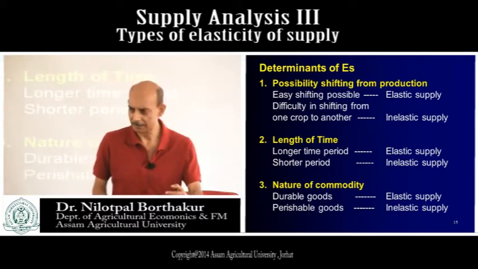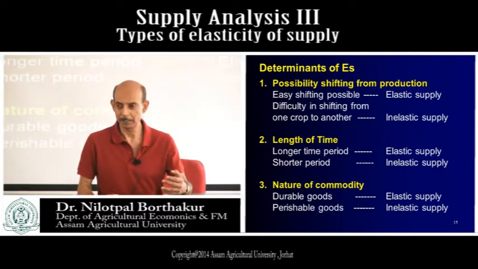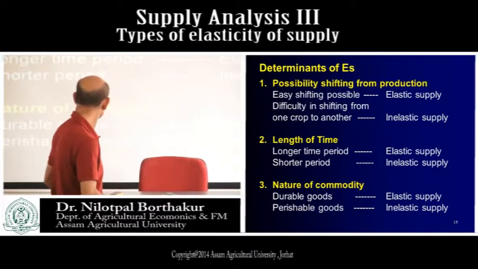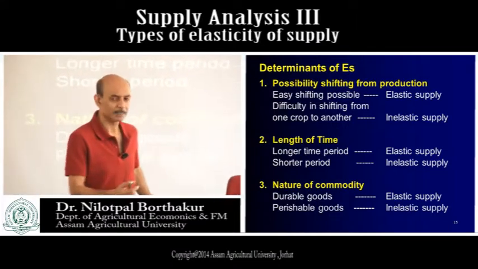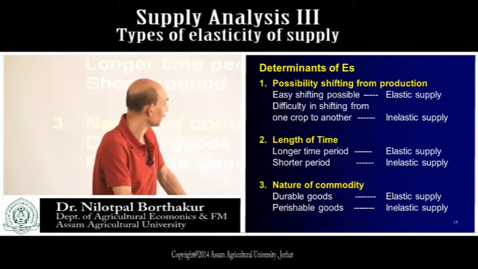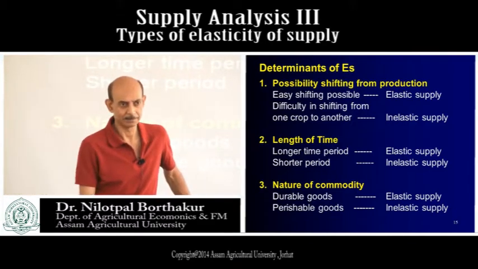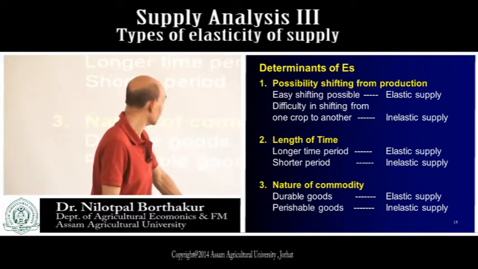If the production process cannot be changed within a short period of time, easy shifting is not possible. If there is difficulty in shifting from one crop to the other, one product to the other, then supply will be inelastic. Clear?